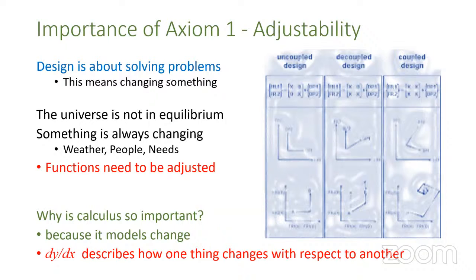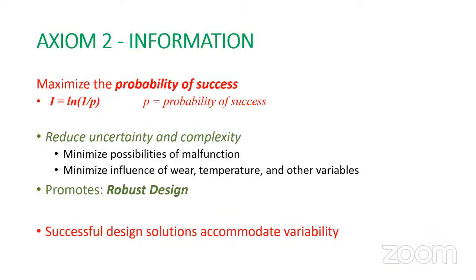Differential calculus is about describing change, dx/dt. It's about how one thing changes with respect to another. So in design, I'm trying to change something, and this is like one of our foundations. We study calculus and don't always understand why, but we're studying change.